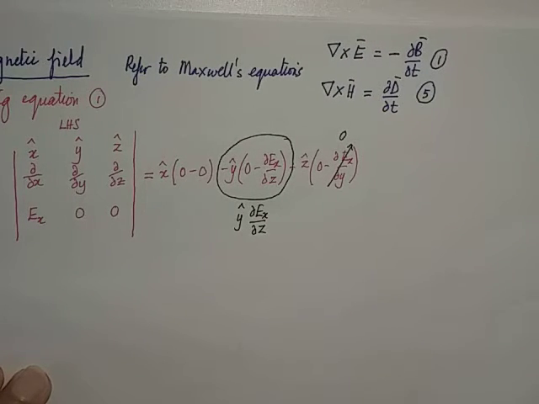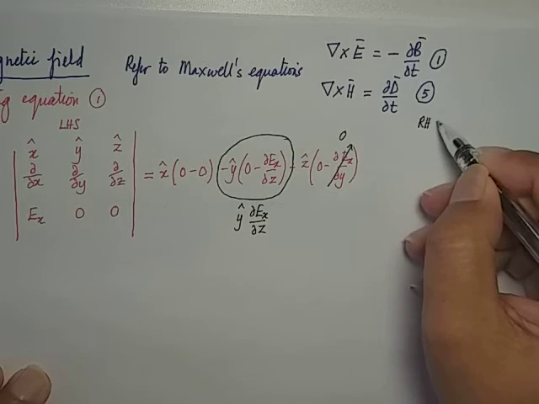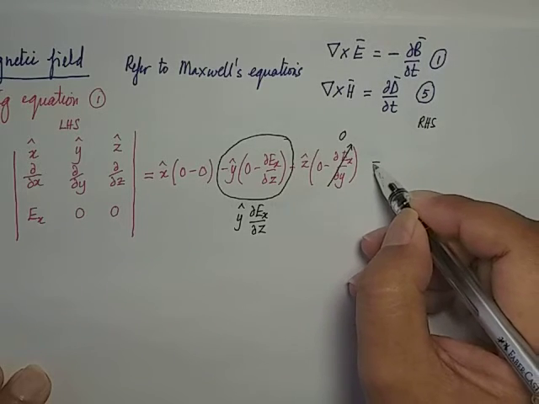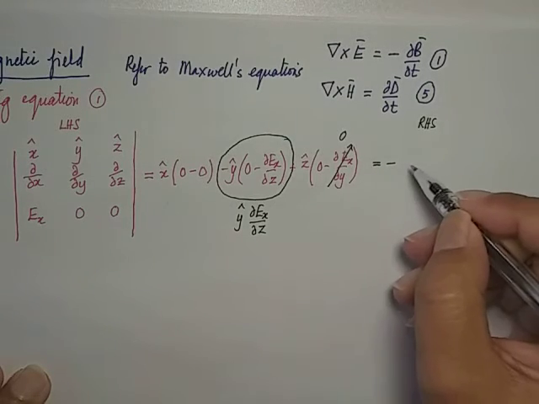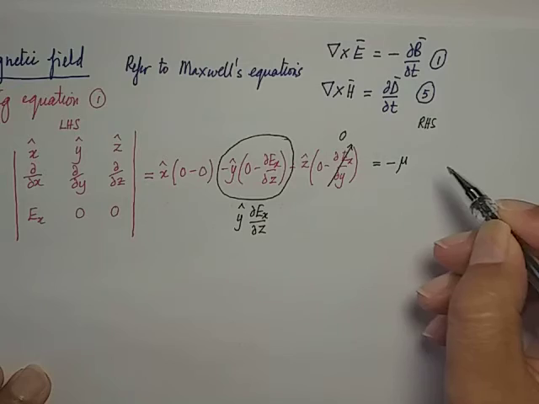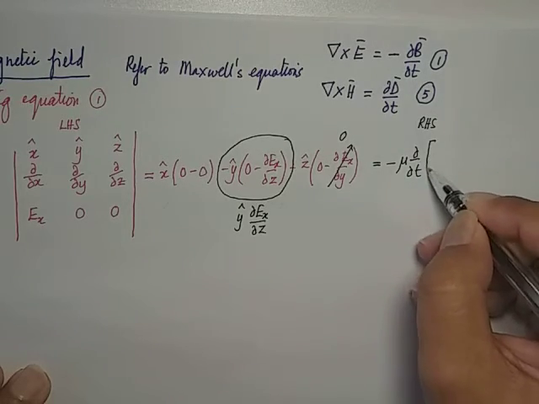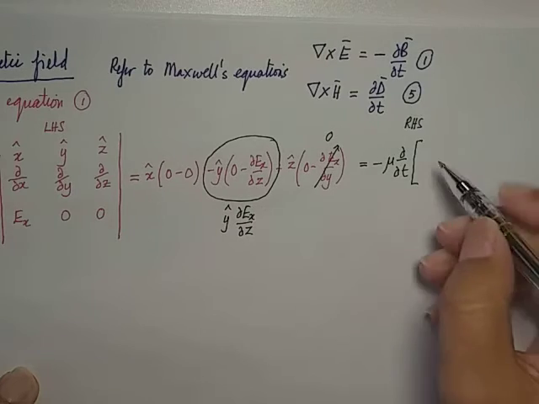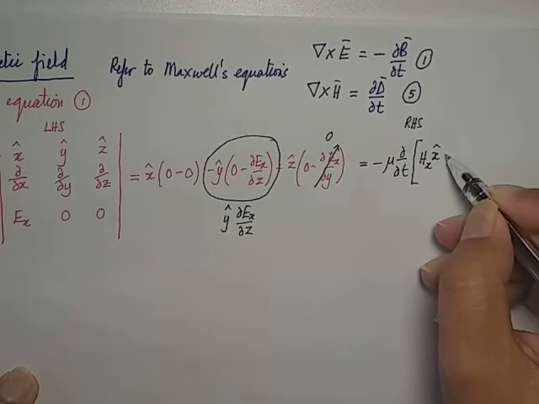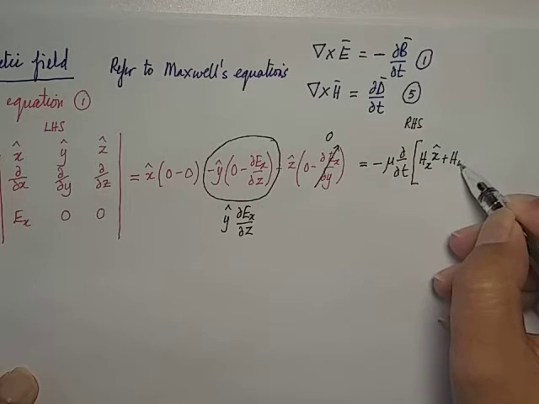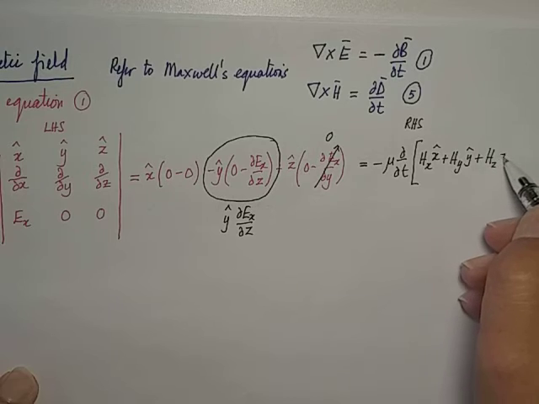So let's do the right hand side now. The right hand side is equal to minus mu d over dt, and then H is Hx in the x direction plus Hy in the y direction plus Hz in the z direction.